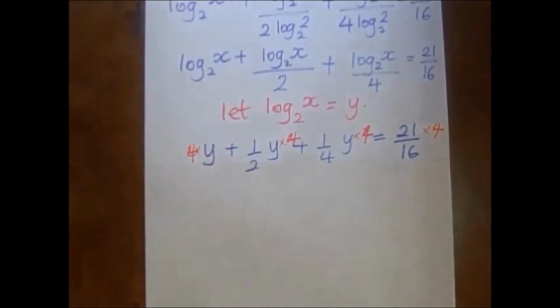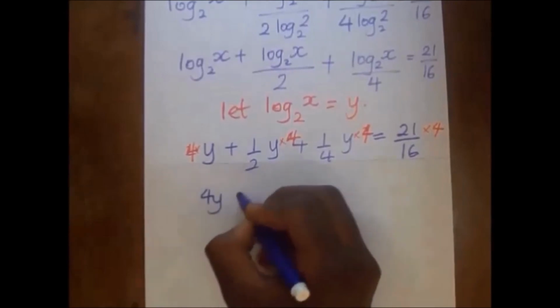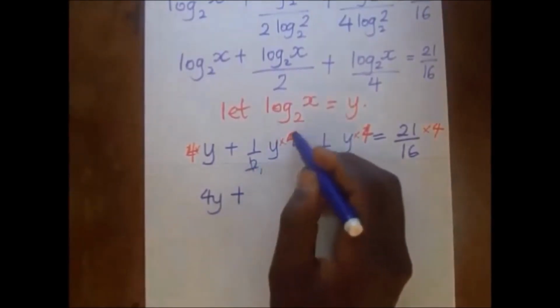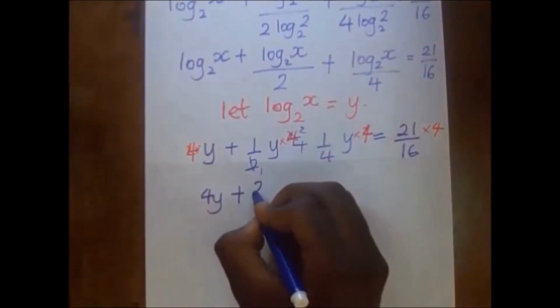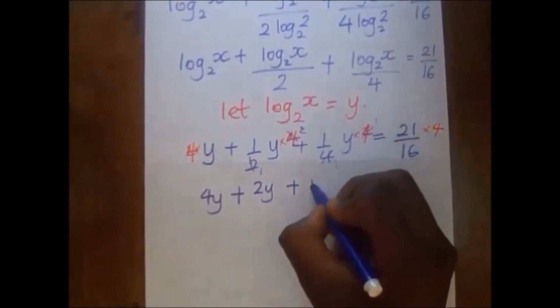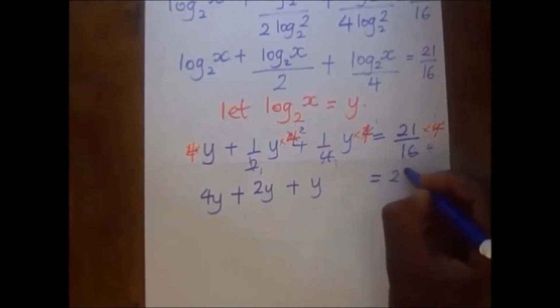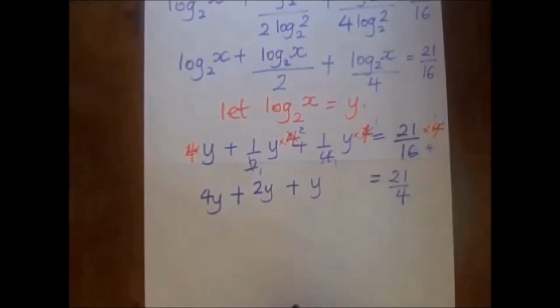If we multiply through by 4, we shall end up with 4 times y, that is 4y, plus 4 times a half y, which is 2y, plus 4 times a quarter y, that is plus y, is going to give us 4 times 21 over 16, so it's going to become 21 over 4.